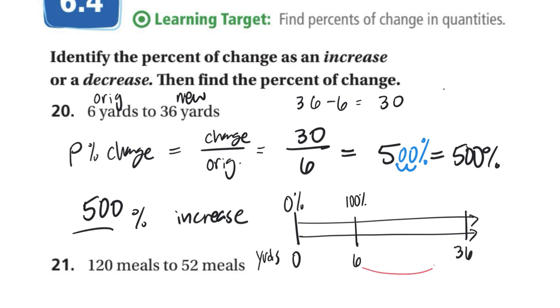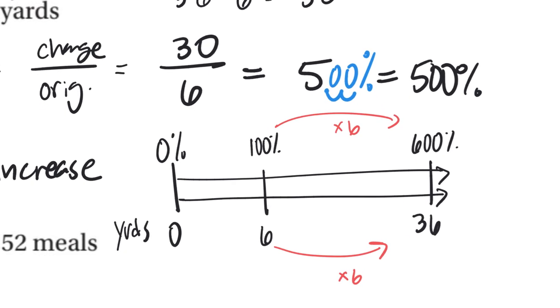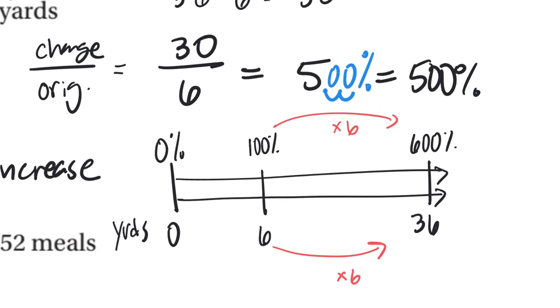So it's 6 times bigger now. So that is 600%. It's now 600% of the original. That is not our answer. Our answer is 500, because what we're looking for is the percent that it grew.